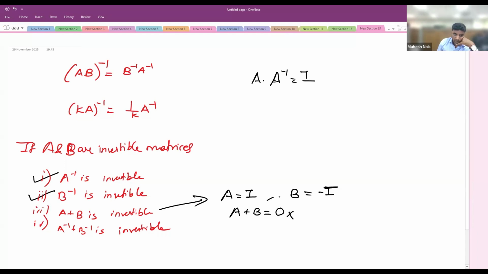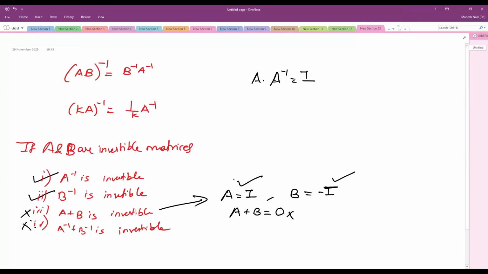No. But we know that A, which is identity, and B, which is negative of identity, are invertible. So A and B are invertible, but the sum is not invertible. So accordingly, this will not work. And the same set of examples can be used in this case also. Right? Yes, sir.